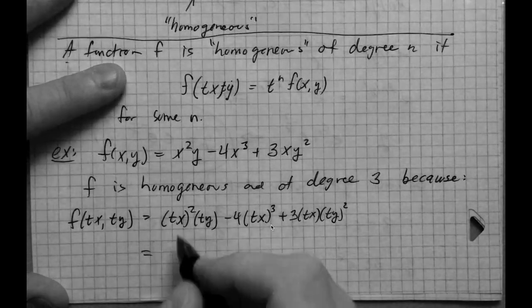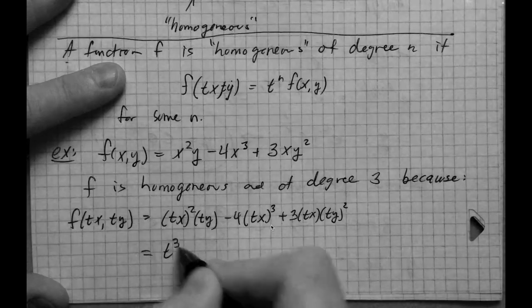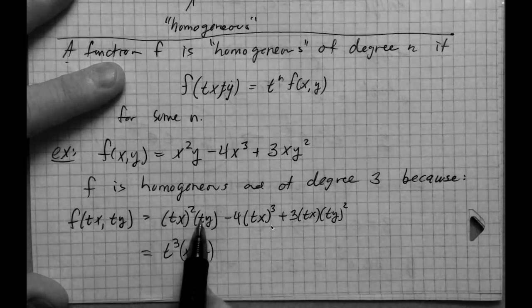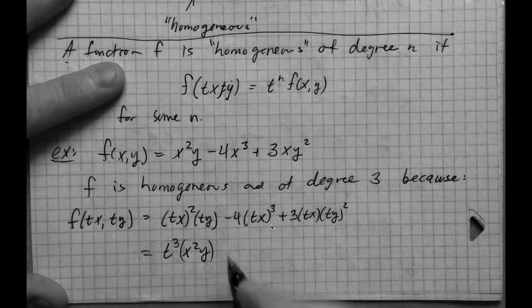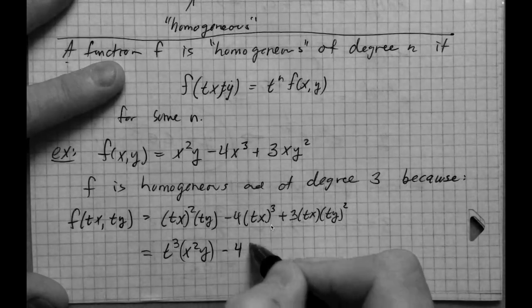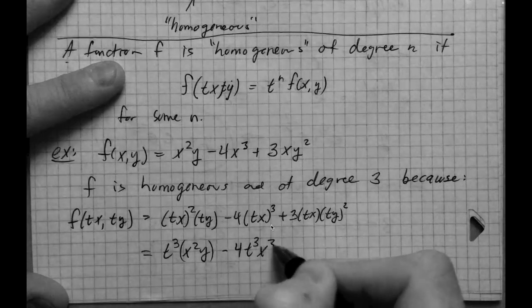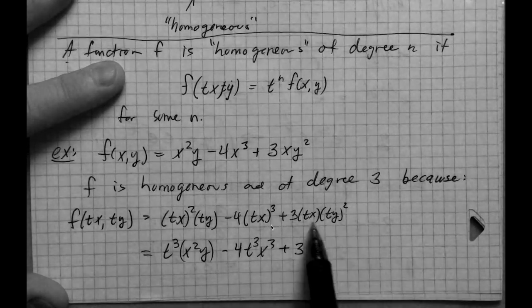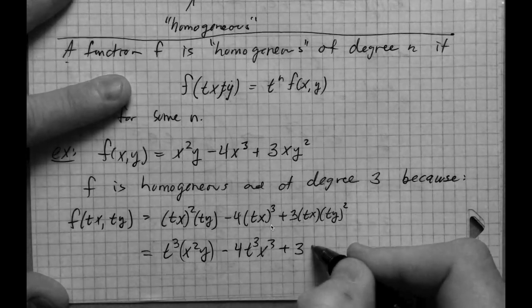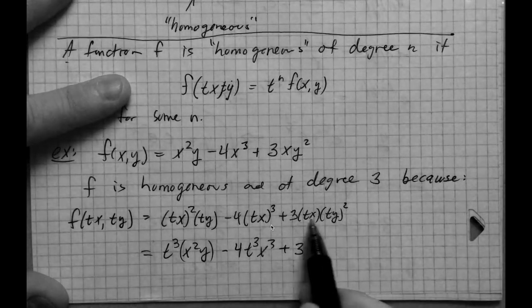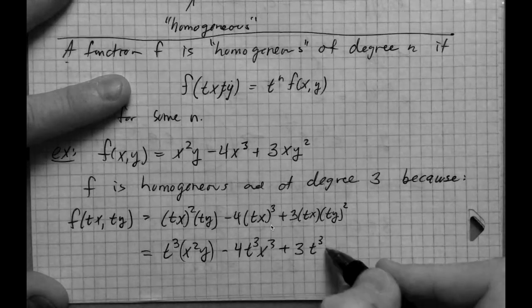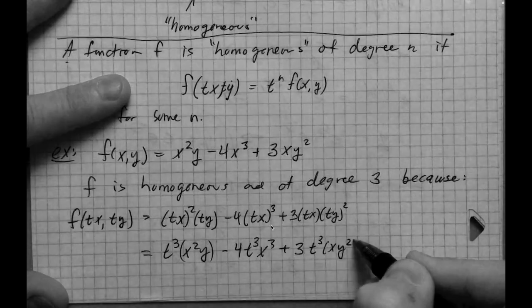And so that's equal to t cubed x squared y. Notice here you get a t squared, there you get another t, so you have t cubed, minus 4 t cubed x cubed, plus 3, and now here you get a t cubed again, so you have 1 t and there 2, altogether t cubed times xy squared.